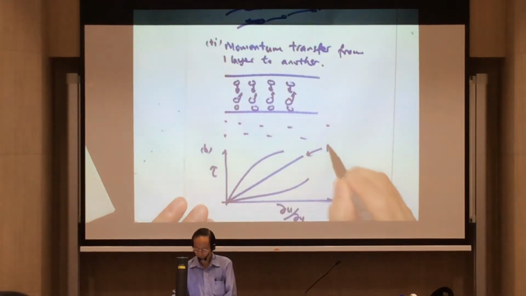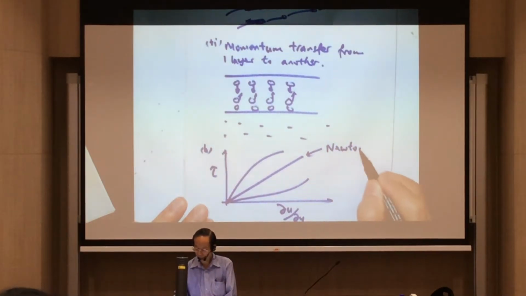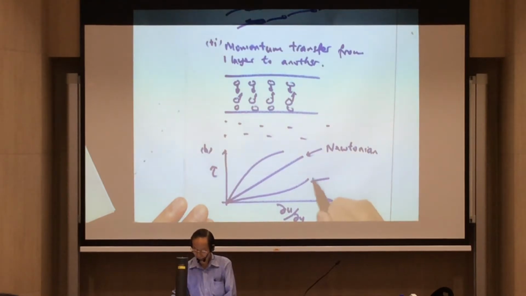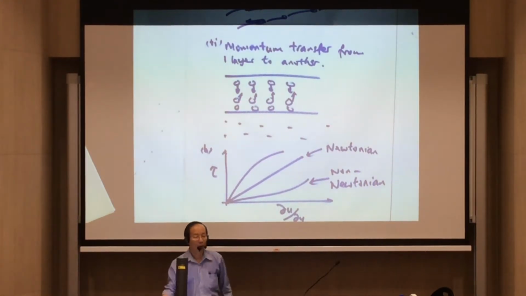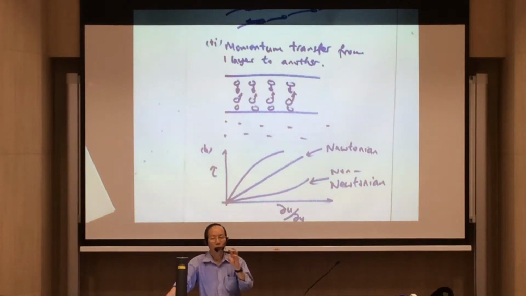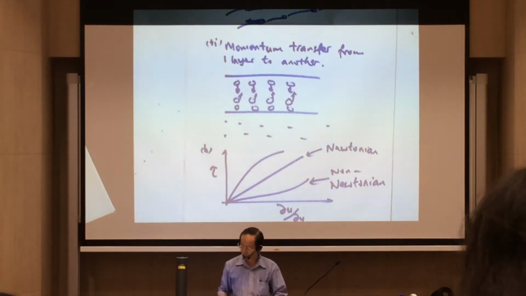So this is Newtonian, and this is non-Newtonian. For non-Newtonian fluid, the relationship between shear stress and the velocity gradient, or shear strain rate, is non-linear.